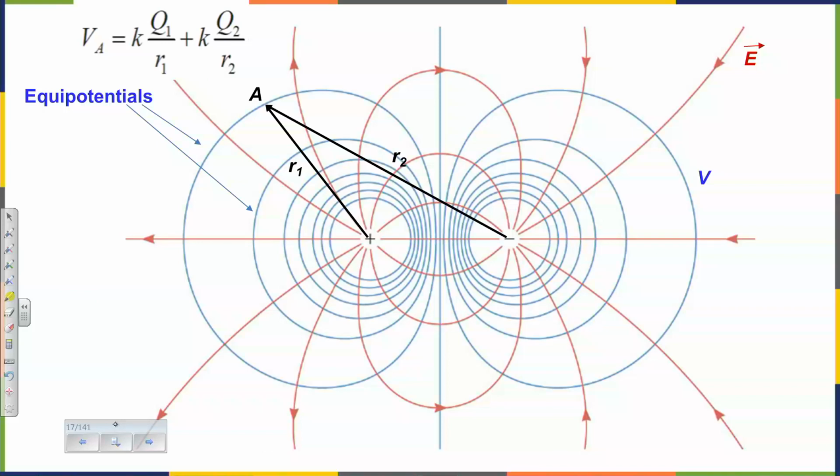Red lines we've seen before, same old electric field lines. And blue lines here represent locations with the same potential. Potential here is different from potential here, of course. When we move away, potential changes. Actually, from high to low, in the direction of the electric field, potential decreases. But from here to here to here, electric potential will be the same for a dipole. Any questions? Yes?